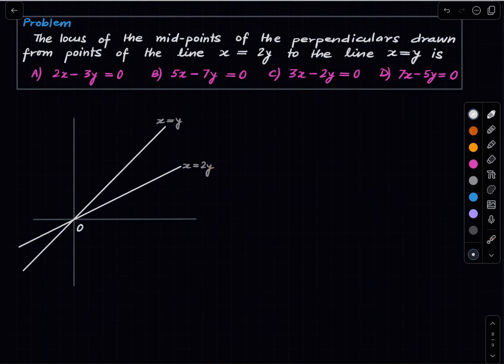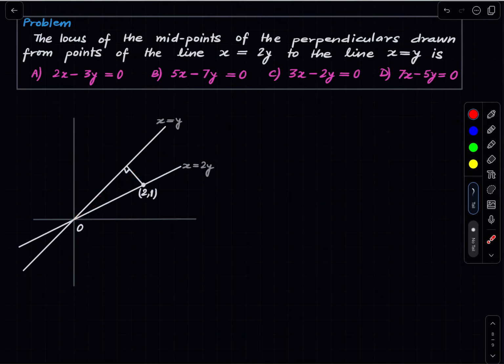So you'll get x equals 2. So one such point is therefore 2, 1. And we drop this perpendicular. And we need to find the coordinate of the midpoint, and that will give us the slope.